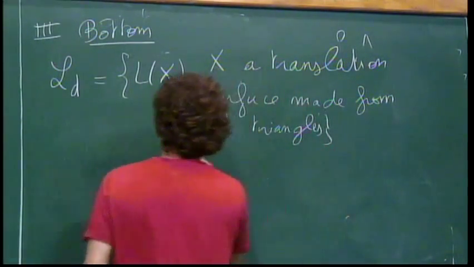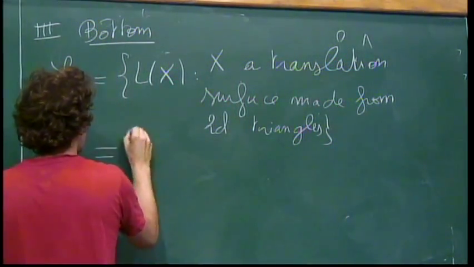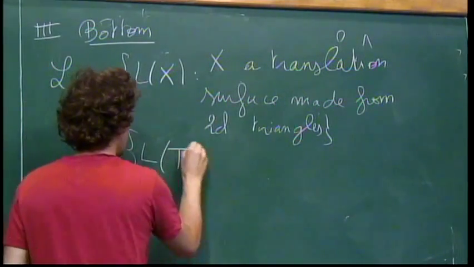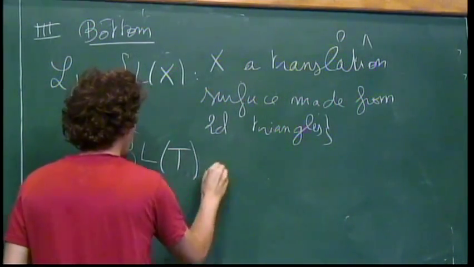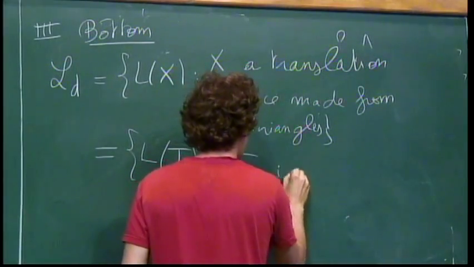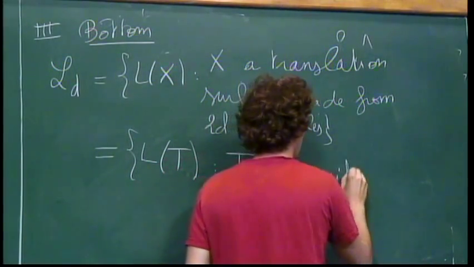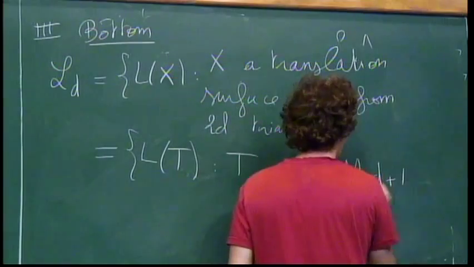And let me emphasize that this is the same thing as L(T, pi, lambda, T), where T are IETs with d plus 1 intervals.